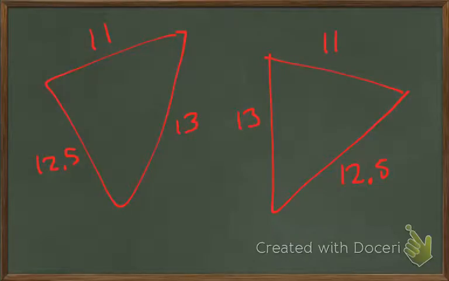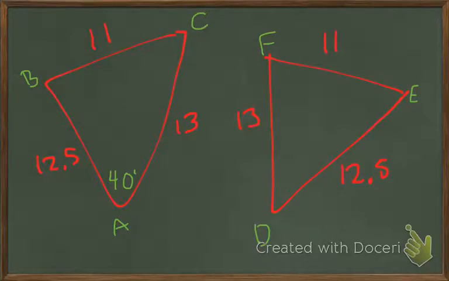So the type of question that it may ask is, if angle A is, I don't know, I'm just making something up, 40 degrees, what other angle do I automatically know?